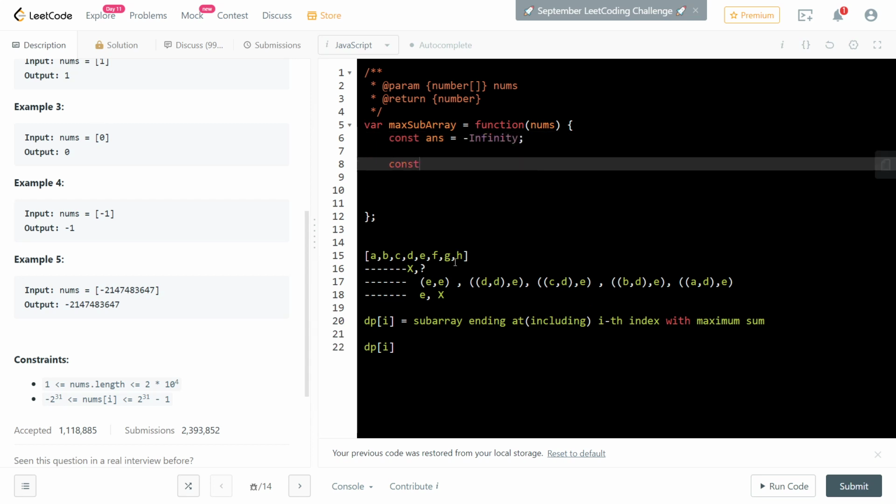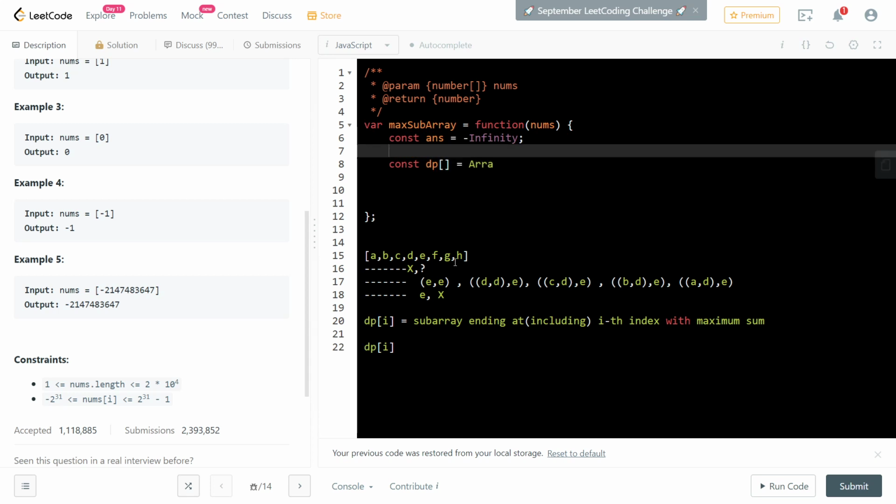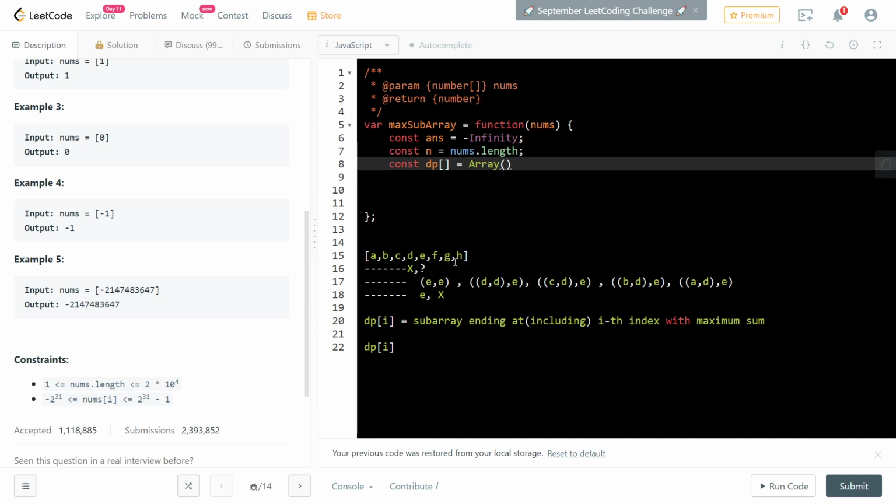All right, so let's make a dp array of size n, and let's fill it with 0.